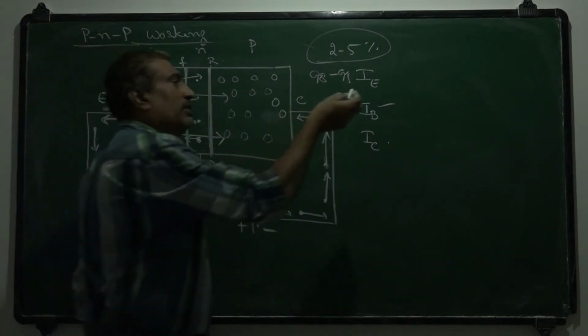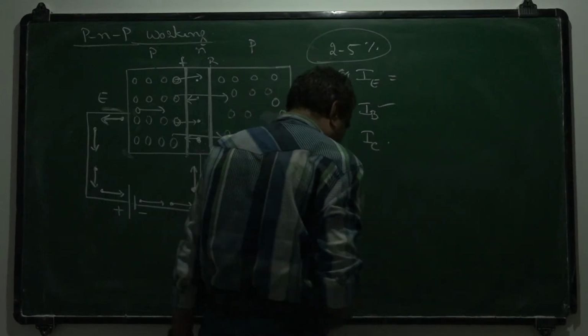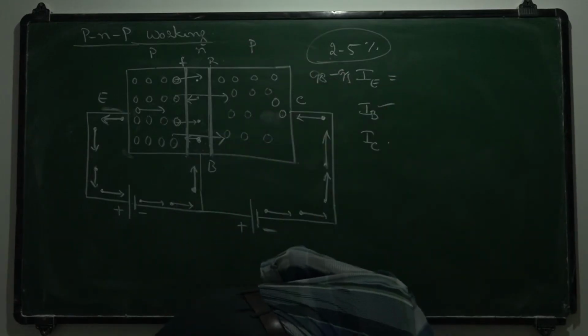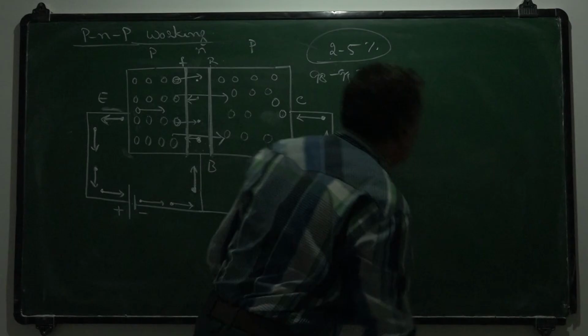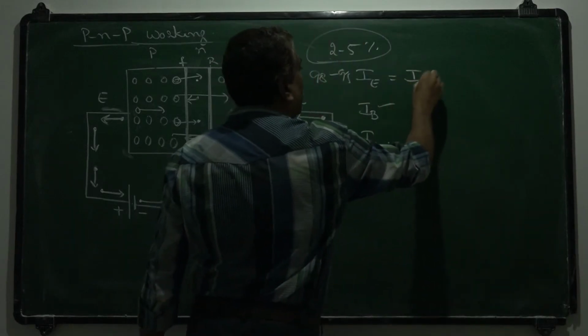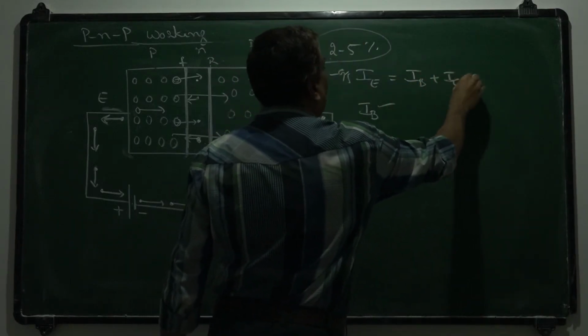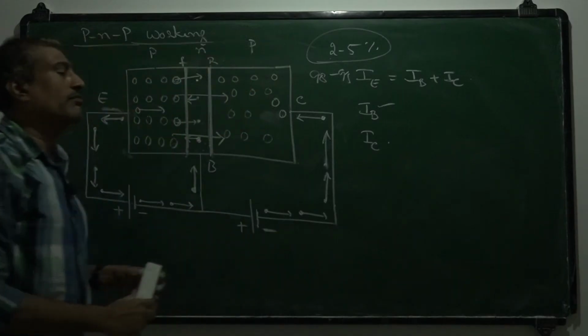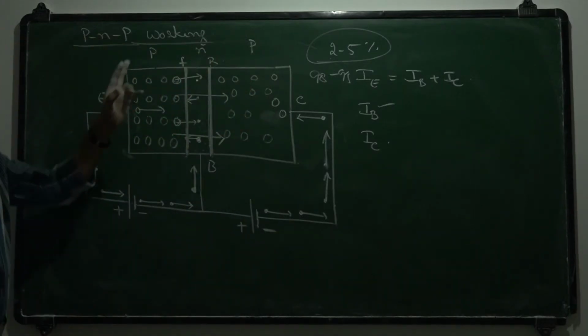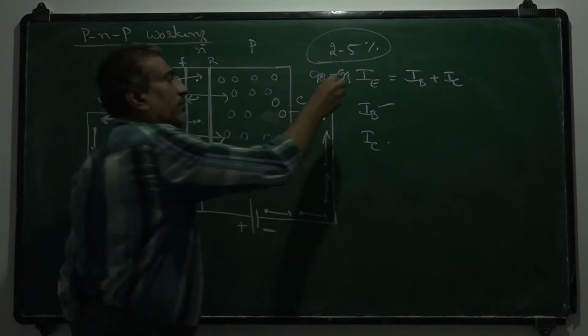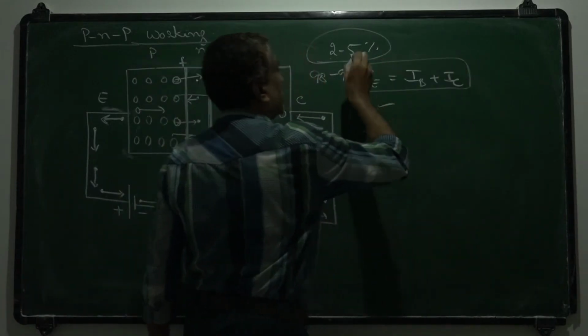The sum of outgoing currents is equal to the sum of incoming currents. So, IE is equal to IB plus IC. This is the relation between the currents of a PNP transistor.